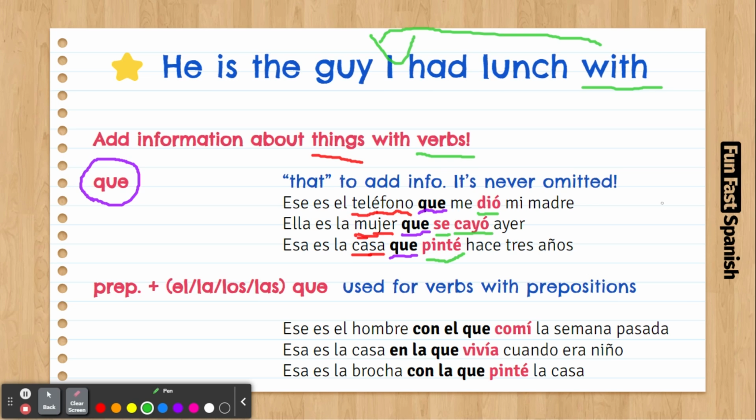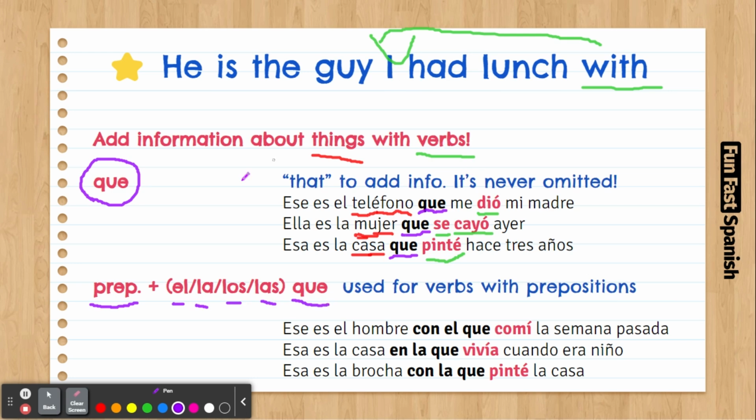In this video lesson, we're going to show a list of verbs that need prepositions and when we use them, okay? So let's have a look at these examples to materialize this concept. So first of all, we're going to put the preposition first, not at the end. Then we're going to put the article, it could be el, la, los, las, and then we're going to use the word que.